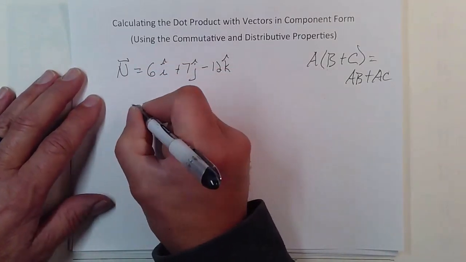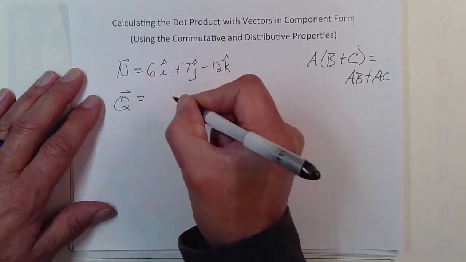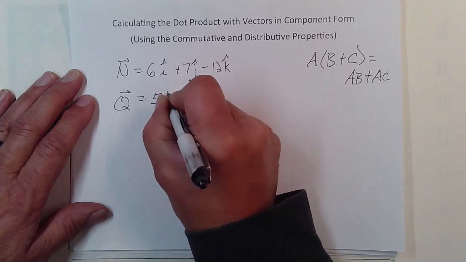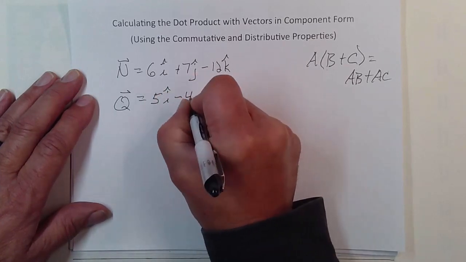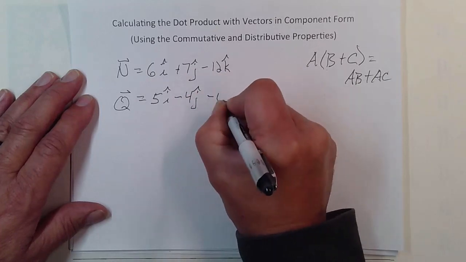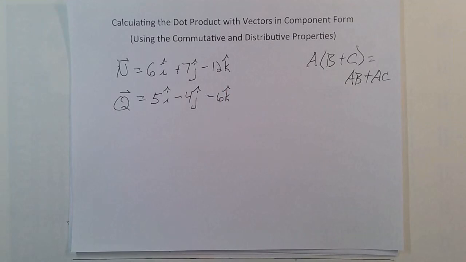And then I'll have a vector q, which is going to equal, making up some simple numbers, 5i hat minus 4j hat minus 6k hat. So we've got these two vectors that are in three-dimensional space.